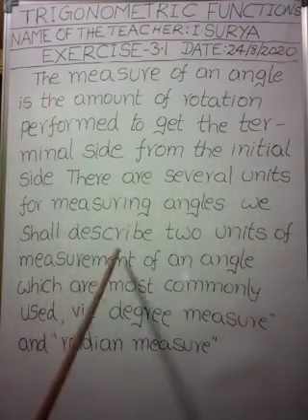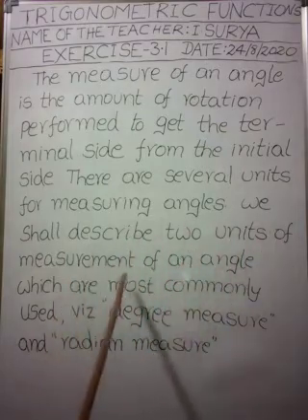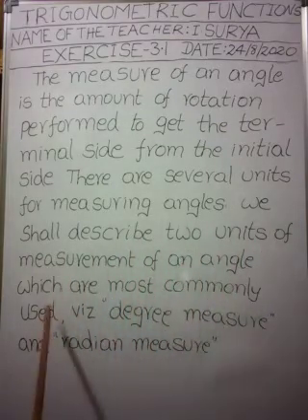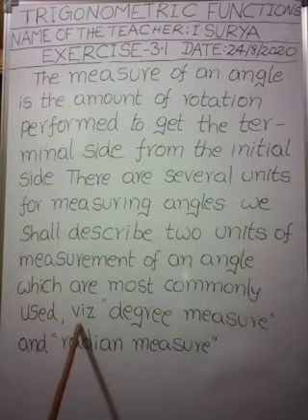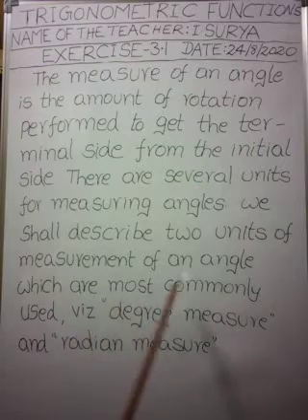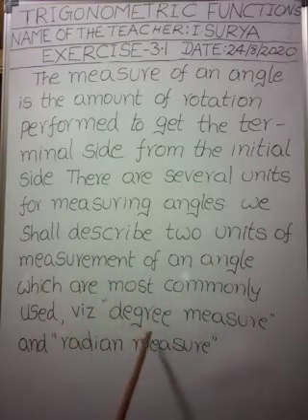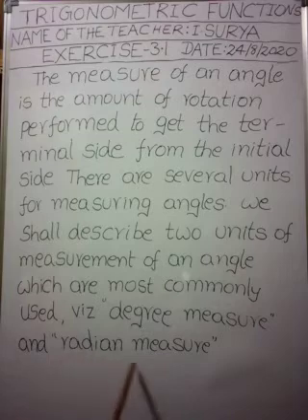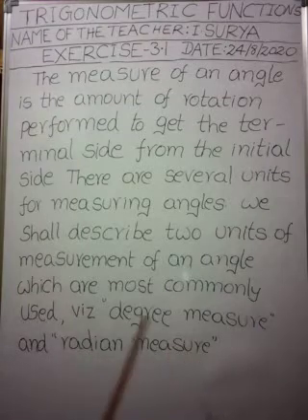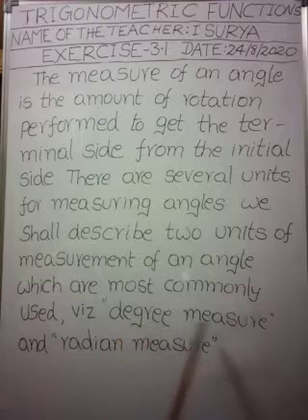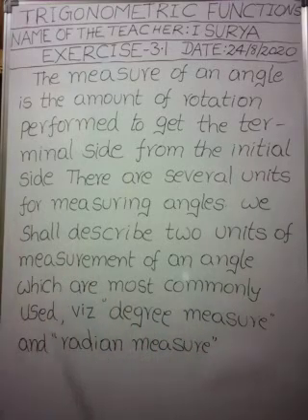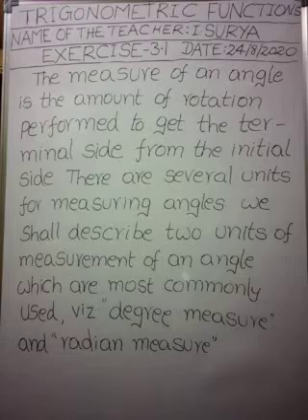We shall describe two units of measurement of an angle which are most commonly used, namely degree measure and radian measure. So now we are going to discuss these two units of measurement of an angle.